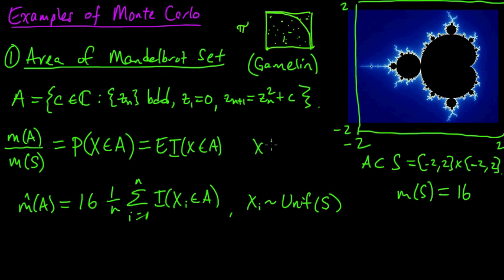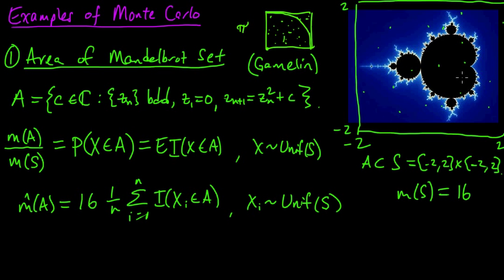And here also x was uniformly distributed over the square. So if we draw n uniform samples from the square, what this is saying is just count how many of your samples land inside the Mandelbrot set.